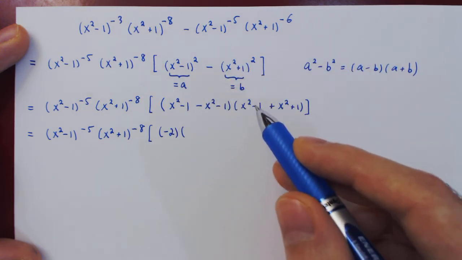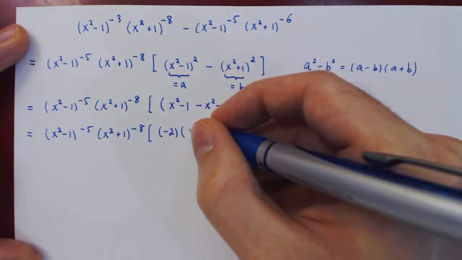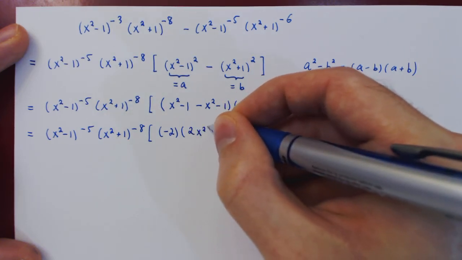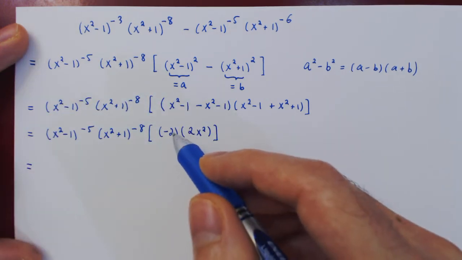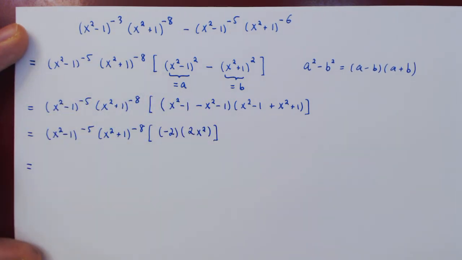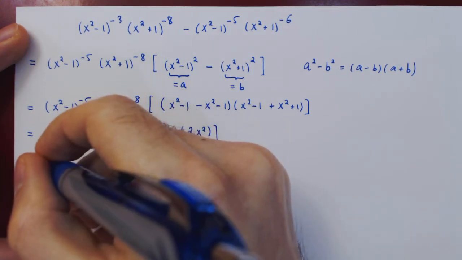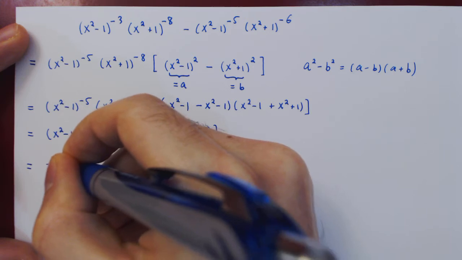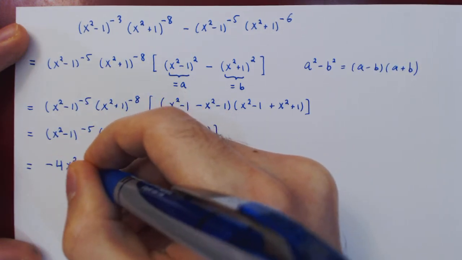The second, negative 1 plus 1 cancels, and we're left with x squared plus x squared, 2x squared. Let's regroup the negative 2 with 2, sorry, as a negative 4x squared. And as this is our simpler factor, we write it first, and then what's left over.